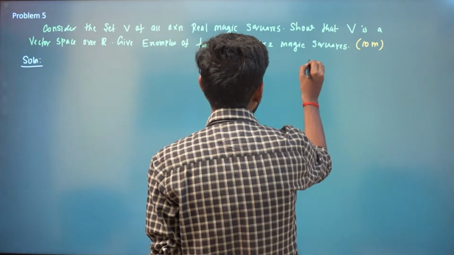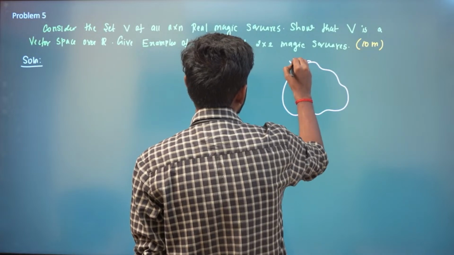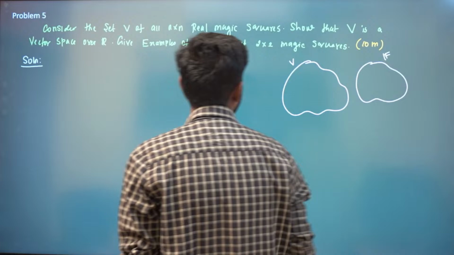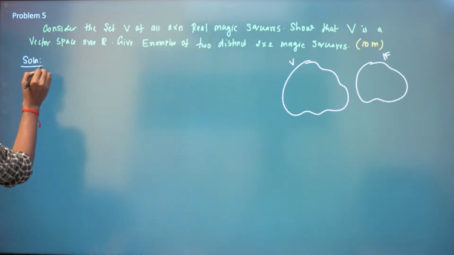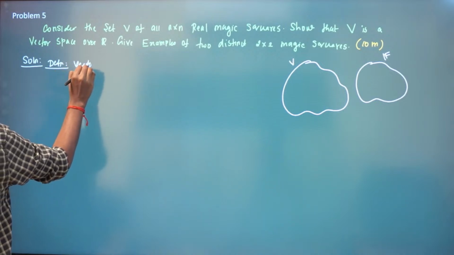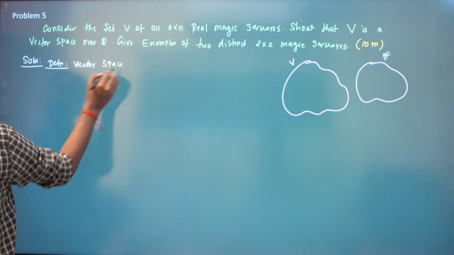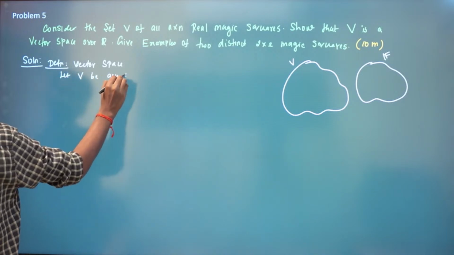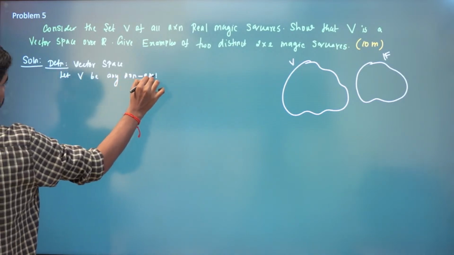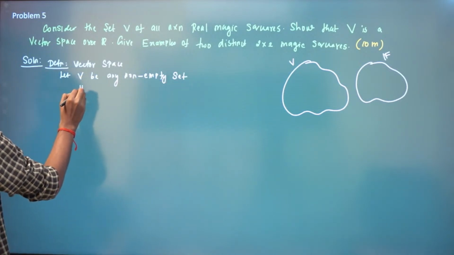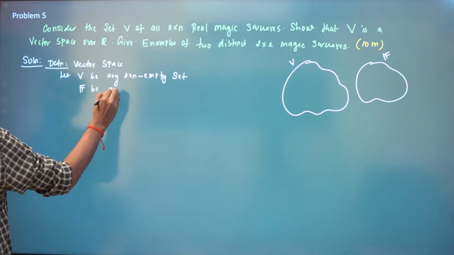So let V be any non-empty set and F be any field. What is the definition of the vector space? Let V be any non-empty set and let F be any field.